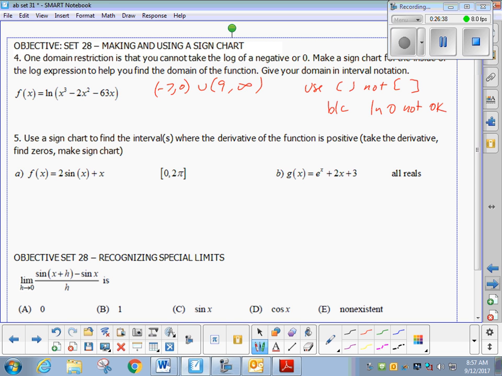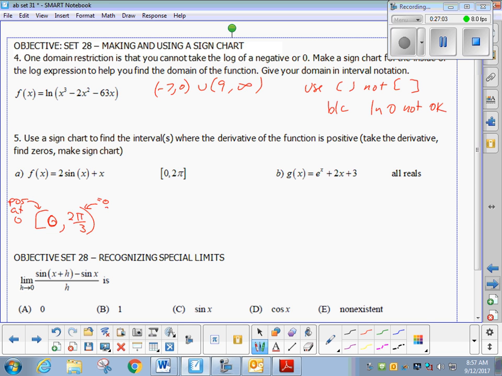For 5, using a sign chart on that sine curve, I have this is positive on 0 to 2 pi over 3. This one's a bit tricky with the endpoints. It is positive at 0, but it's 0 at 2 pi over 3, so that's why it is included there, but not there.